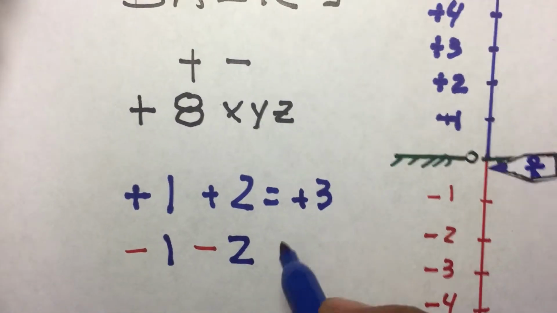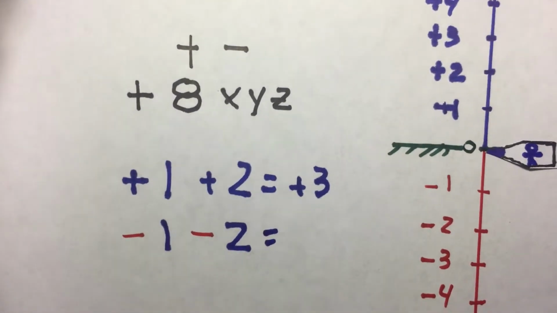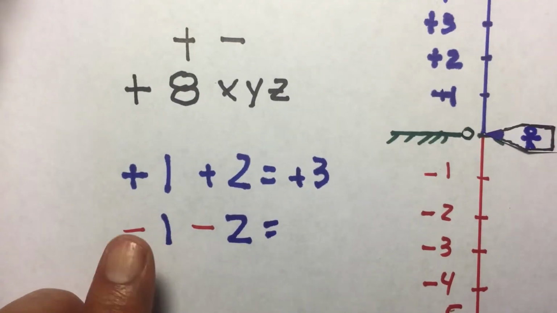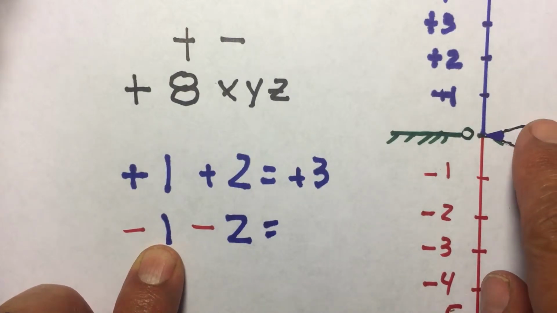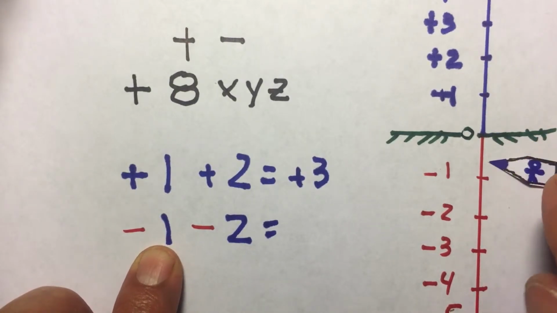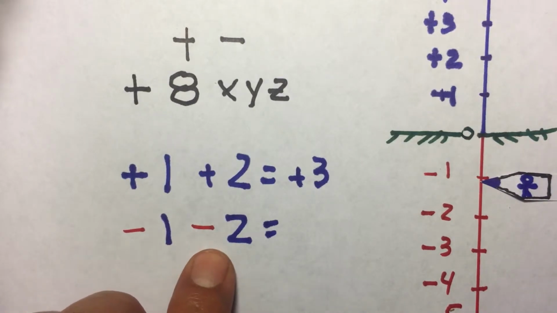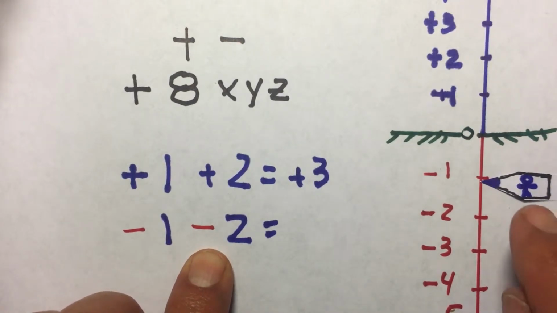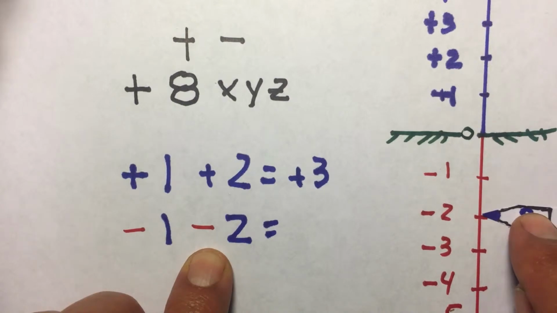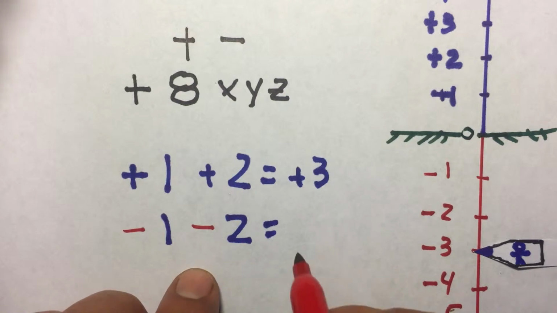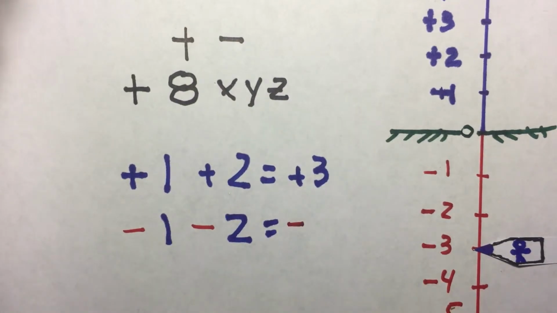So that would be equal to, let's go -1. -1, the elevator goes 1 under the floor. So we are in -1. Then we say -2, so go 2 down, 1 down and 2. Where are we? We are at -3.